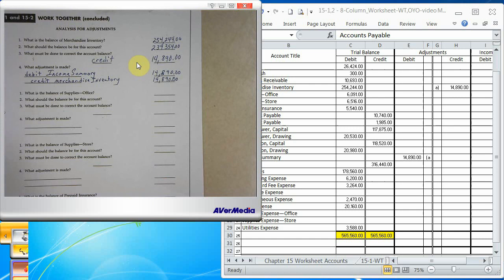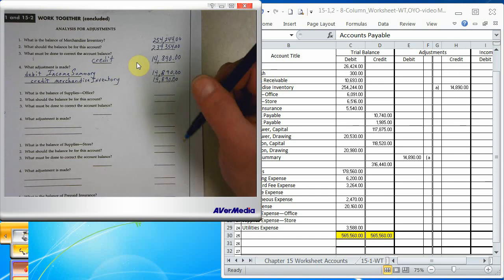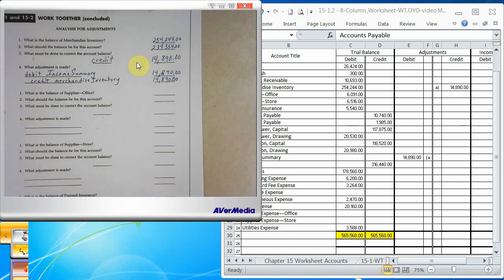The accounting concept that we're using for all of this is the accounting period cycle. We do this for every cycle, whatever we want to use for our fiscal period. So let's go directly to page 377 and work together.